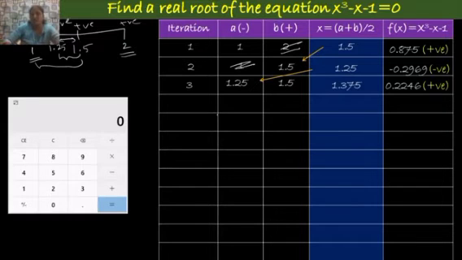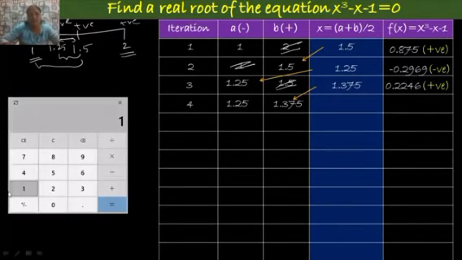Since the value is positive, in the fourth iteration you have to replace this 1.5 by 1.375. So in the fourth iteration, 1.25 is the A value and 1.375 is the value of B. Adding these two values, 1.25 plus 1.375, and dividing by 2, you get 1.3125.